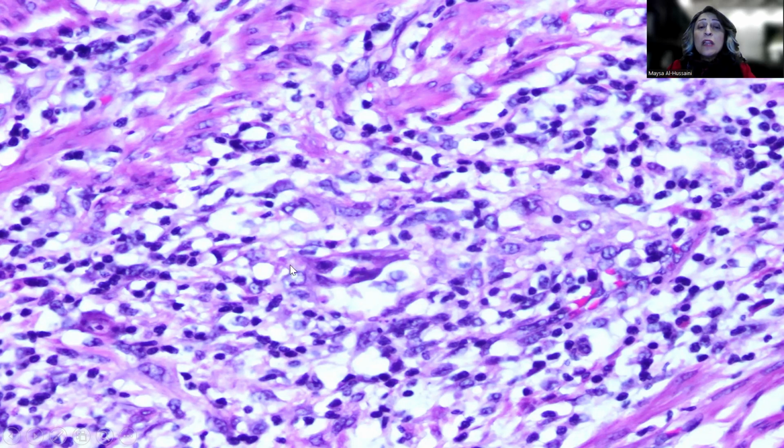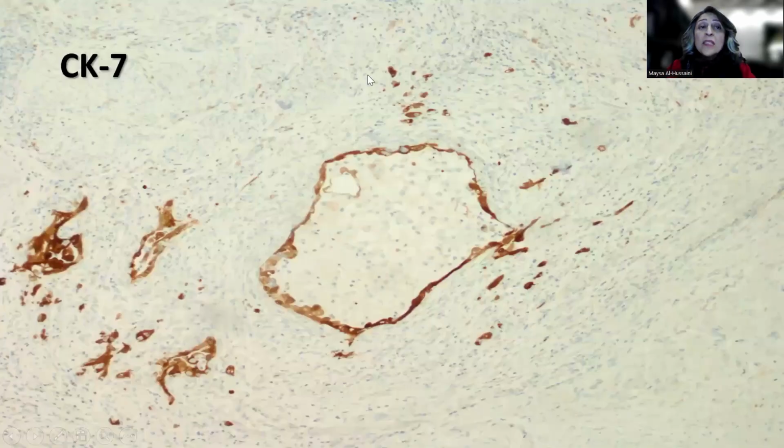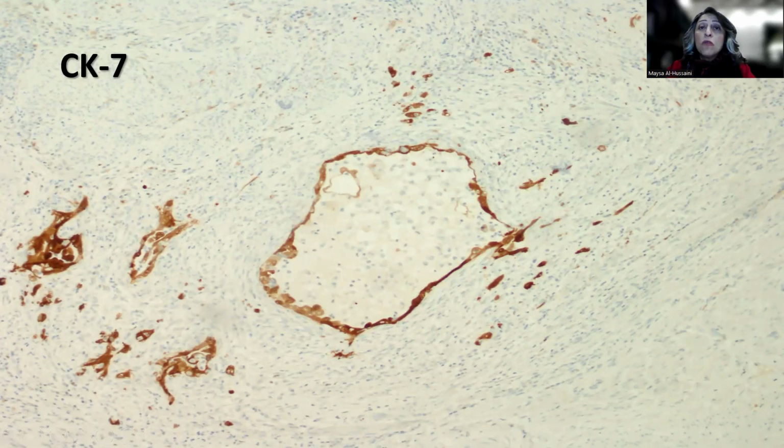But this is really very important: a formation which looks like a vessel or a lymphatic is actually a gland lined by flattened, bland-looking epithelium. And cytokeratin 7 is extremely helpful in confirming or even identifying these foci.